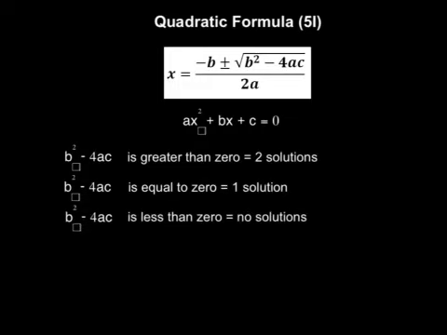Lastly, if b squared minus 4ac is less than 0, so if it's a negative number, there are going to be no solutions for x, so that means we cannot factorize. I say this because if you get a negative number in here, we cannot take the square root of a negative number. We're now going to use this information and complete some examples.